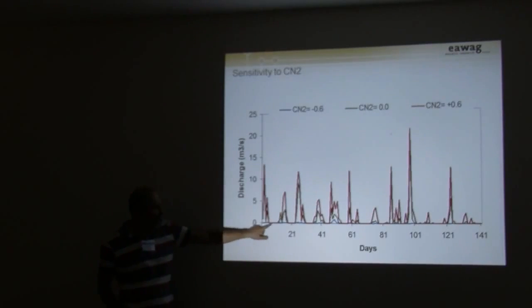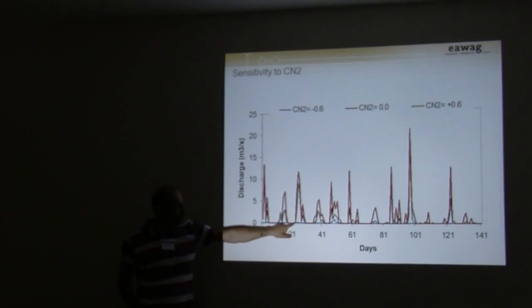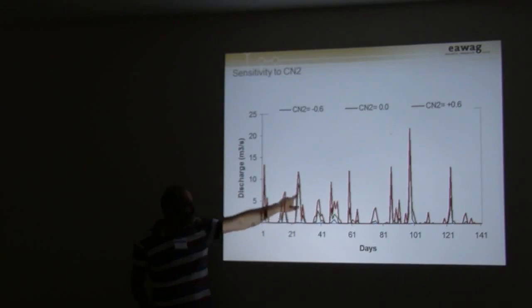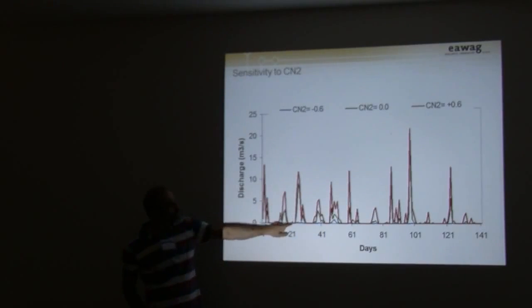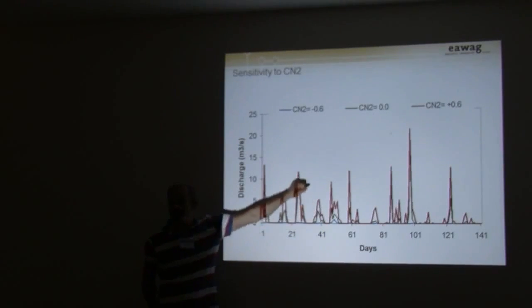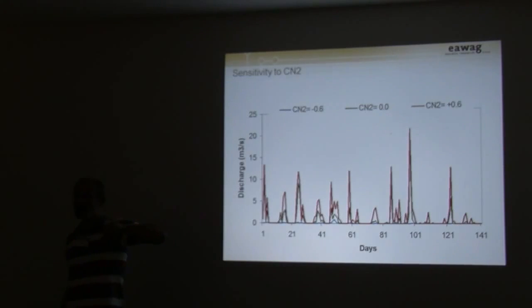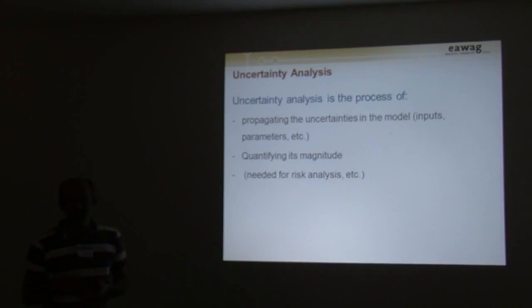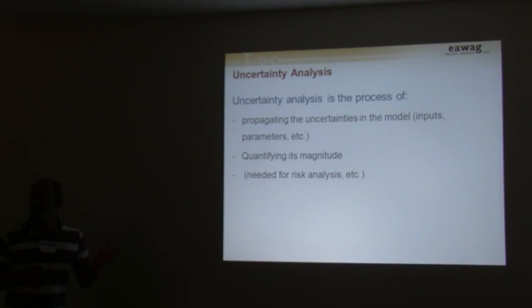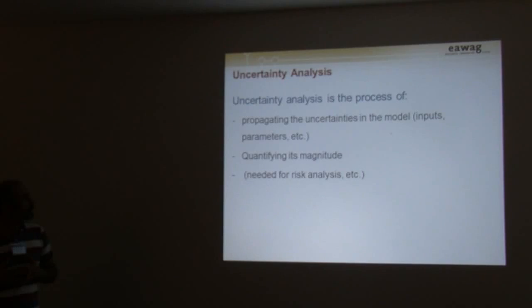Small CN2, you see the blue. You have very small peaks, almost no peaks and so on. And then as CN2 increases, you see what happens to the peaks. So if you're not able to catch the peaks in your observation, you know which parameter to go to first. So that's why we do the sensitivity analysis, to determine these important parameters.